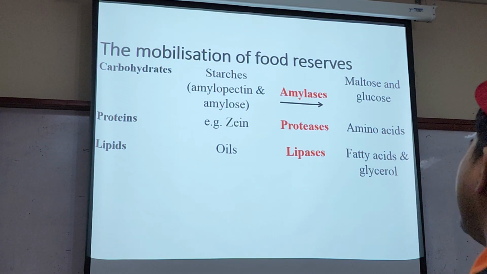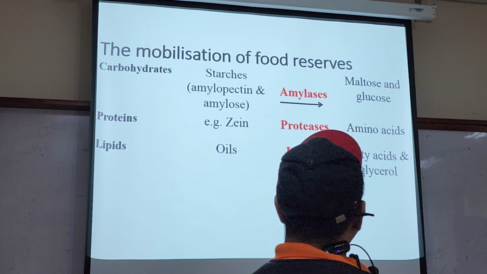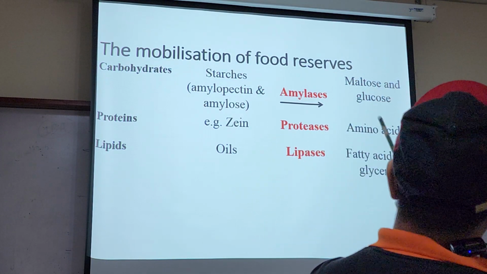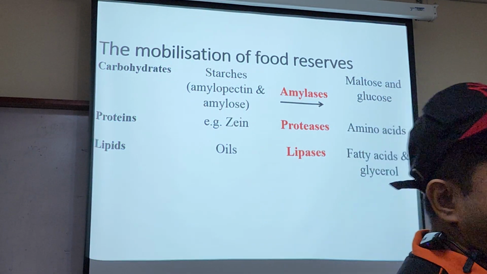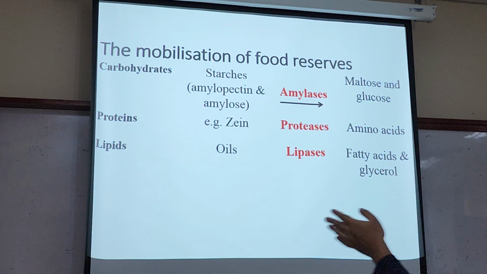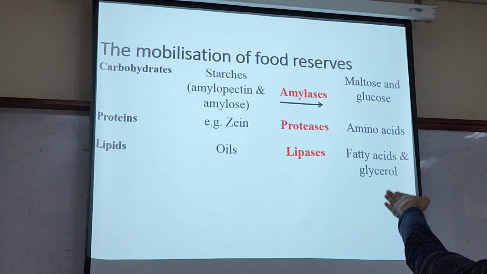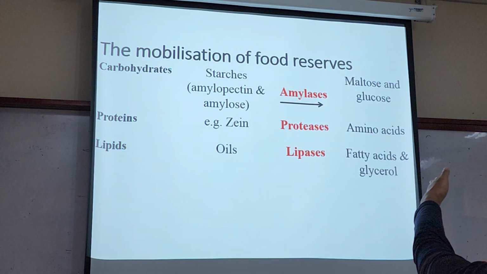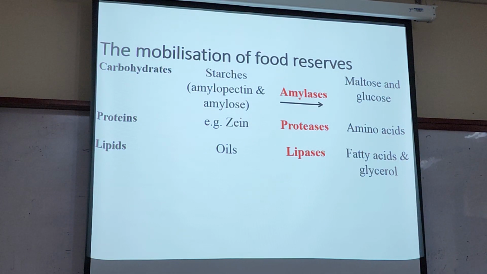Zain. It's a protein. So when it is hydrolyzed by a group of enzymes under the family of protease, you're going to get amino acids. While the lipids, such as oil, by the action of enzymes from the family of lipases, you're going to get fatty acids and glycerol.